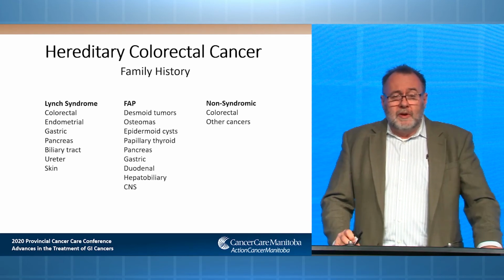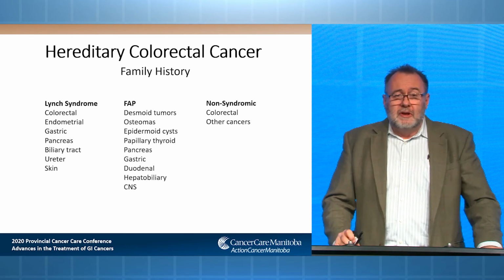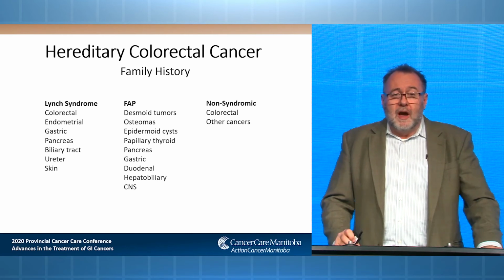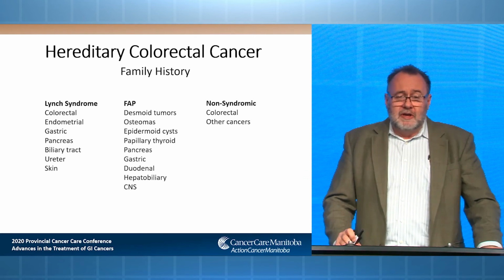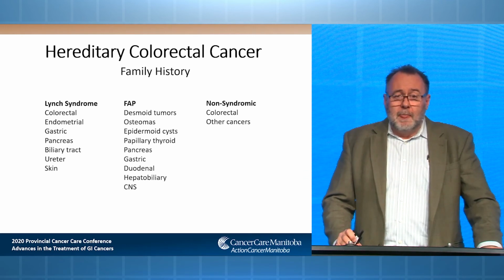The other important thing to remember is that in both Lynch syndrome and familial adenomatous polyposis, there are other cancers that can arise in these patients for which they are at risk. Particularly in Lynch syndrome, endometrial cancer, gastric cancer, and pancreas cancer risks are also elevated. And in FAP, desmoid tumors, osteomas, epidermal cysts, pancreatic cancer, and other gastrointestinal cancers are more likely.